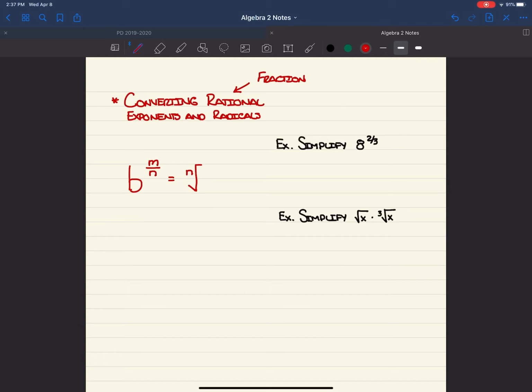So we're used to seeing square roots, but it doesn't have to be a square root. It would be the nth root. And then underneath that root is going to be our base b raised to the numerator of our fractional exponent, m.